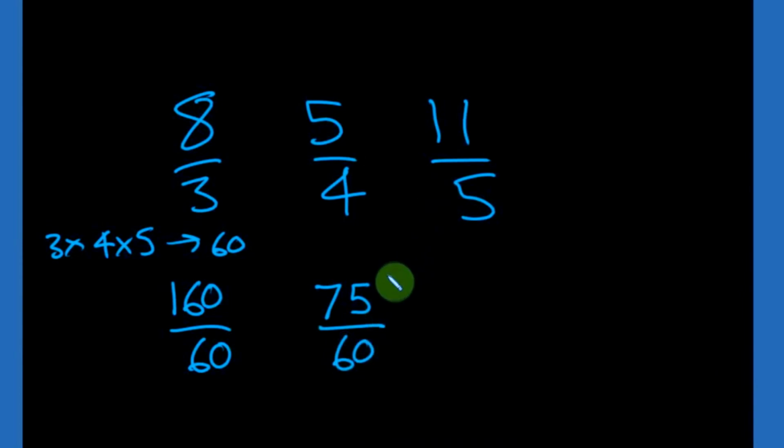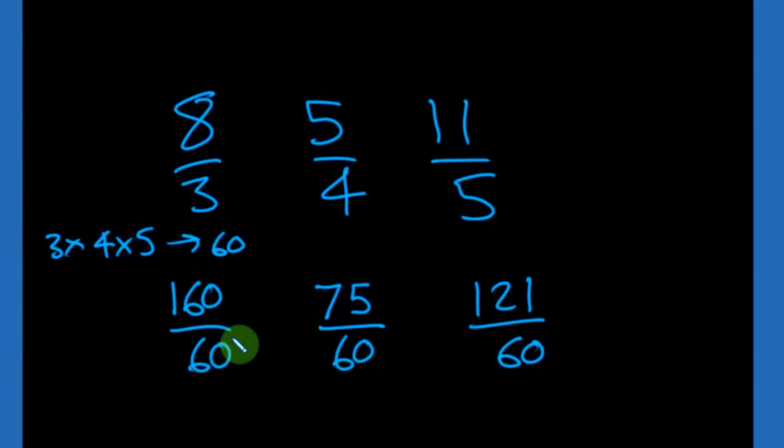And finally, when we do this with 11 over 5, we can times top and bottom by 12 to get 121 over 60. So now these all have the same denominator. This makes it much easier to compare the sizes of these fractions.